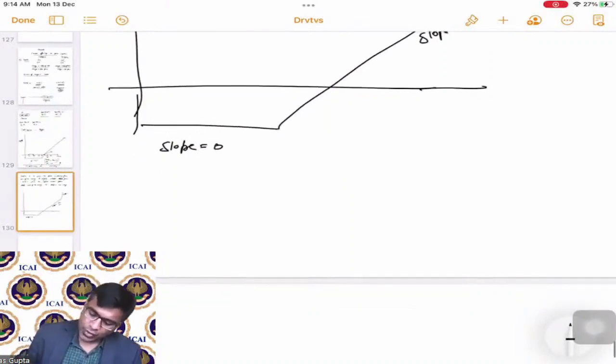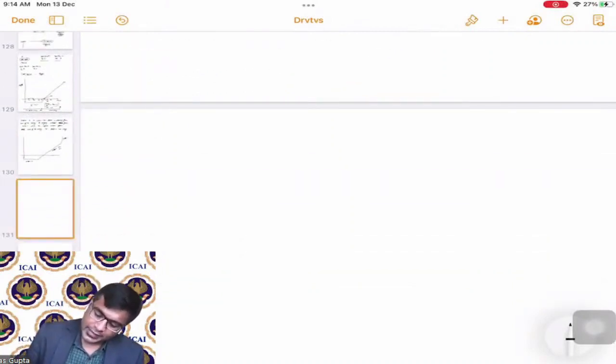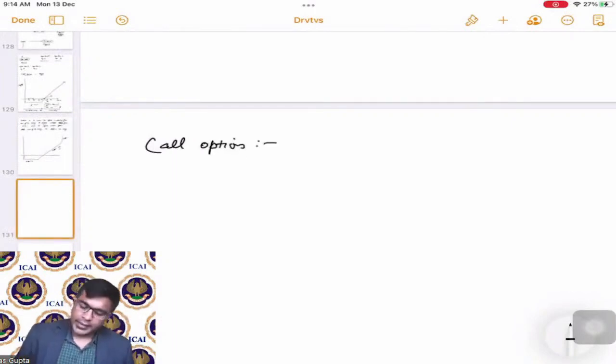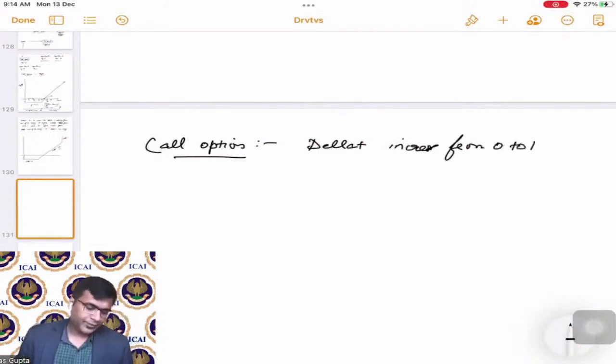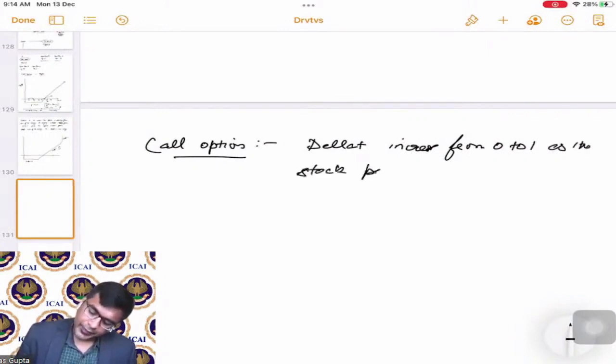Correct? So now let us do it like this. In case of call option, delta increases from 0 to 1 as the stock price increases.